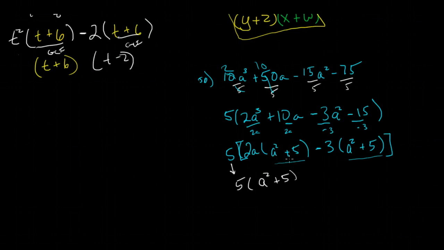When I divide out a squared plus 5 here, I'm left with 2a, and when I divide out a squared plus 5 here, I'm left with minus 3.